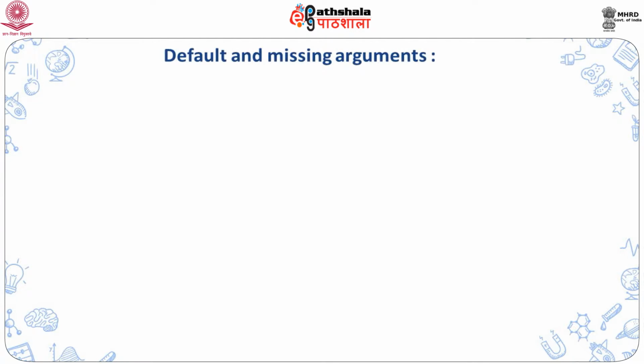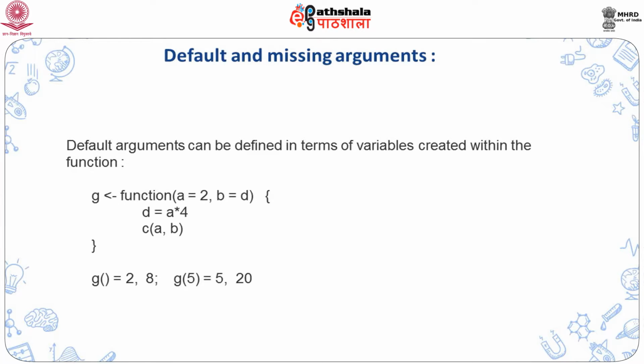Default arguments can even be defined in terms of variables created within the function. Just have a look at this. This g function contains the values a is equal to 2 and b is equal to d, and within the body of the function we are defining d is equal to 4 times a, and the output is c of a, b within this body.